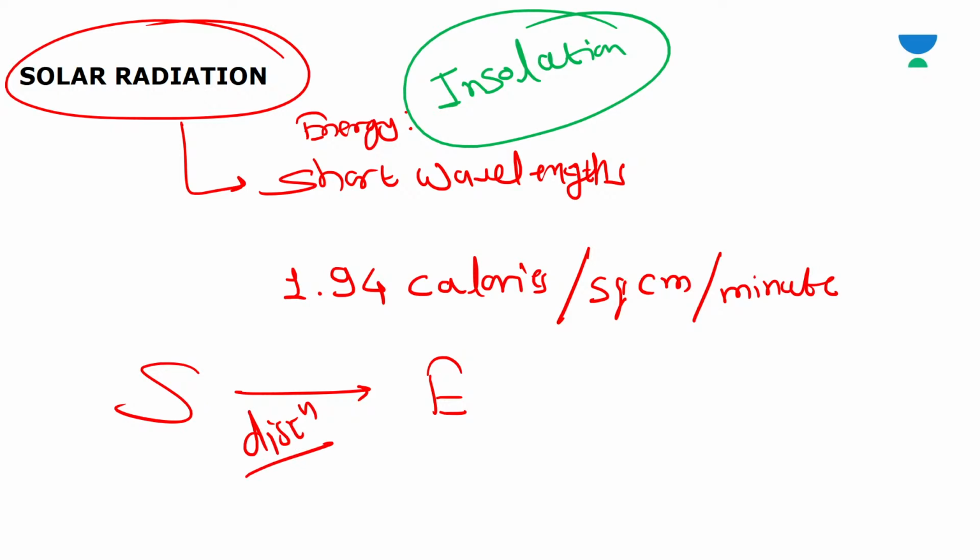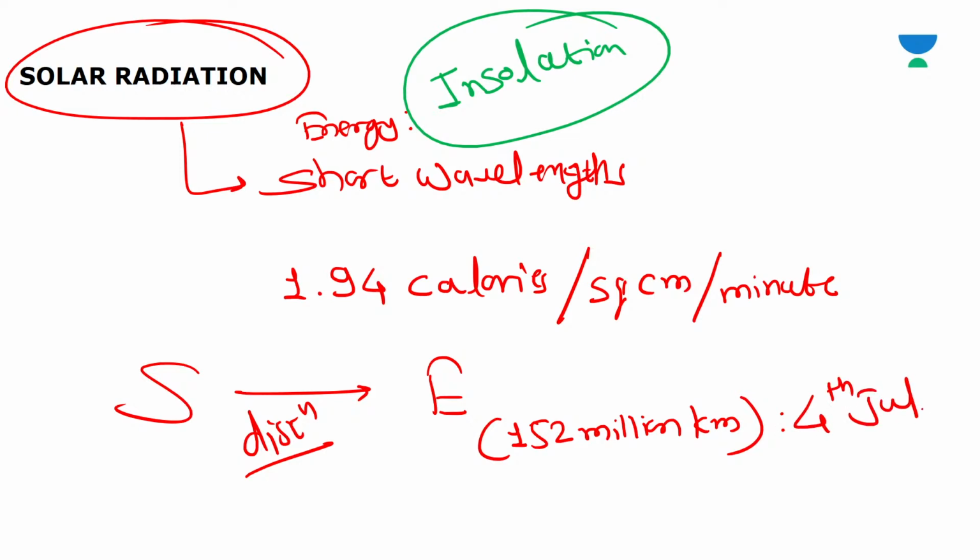During its revolution around the sun, the earth is farthest from the sun, that is 152 million kilometers, on 4th July. So this position of the earth is called aphelion.